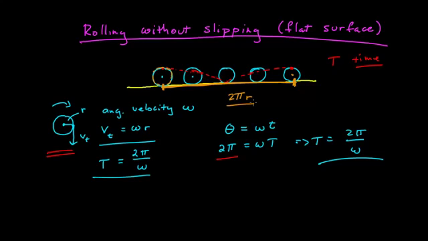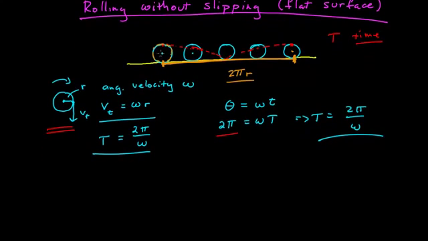So what is the velocity then of the center of mass of this object? I'm not looking for the tangential velocity. I'm now looking for the velocity of the center of mass. Well, the velocity of the center of mass is equal to the distance covered divided by the time it took to cover that distance, since we're in constant rotation.